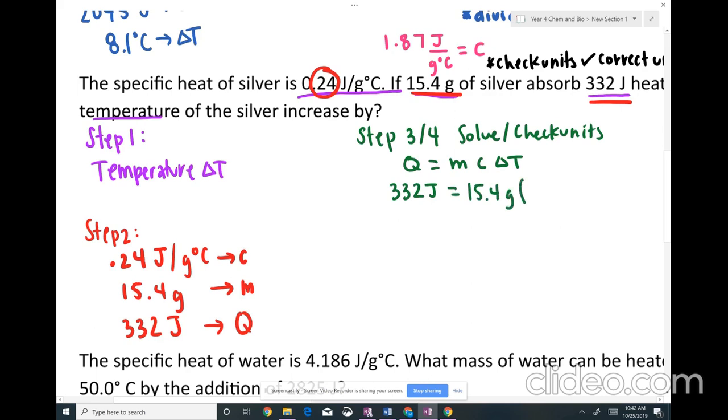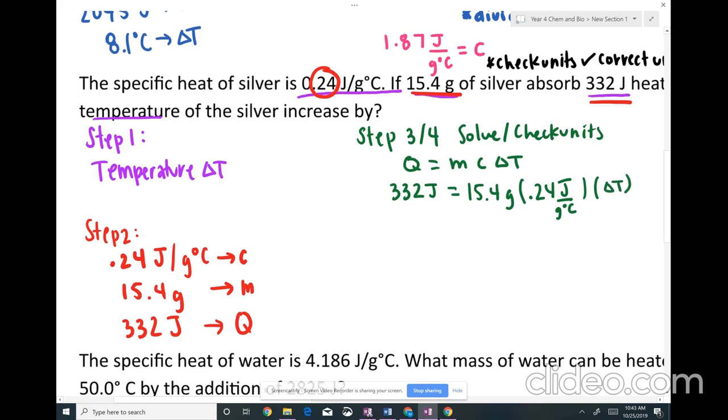Then I have my c, which is 0.24 joules over grams degrees Celsius, and then I have my delta T, which is what I'm looking for.